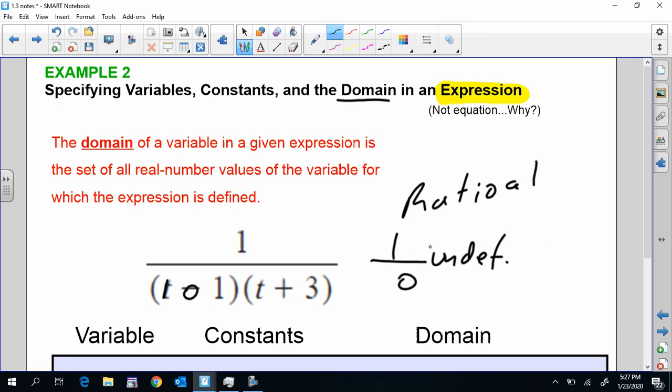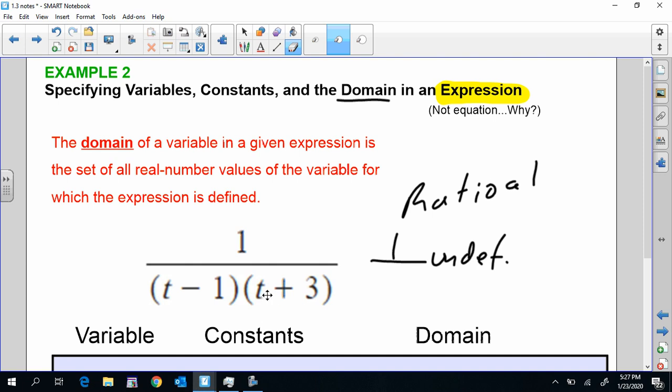If you don't believe me, type the 1, hit the divided by, hit the 0. Use your fraction key on your calculator. Hit enter. You're going to get error as soon as you try. So 1 is a restricted value. Pardon me. Can you predict what the restriction is in this binomial?